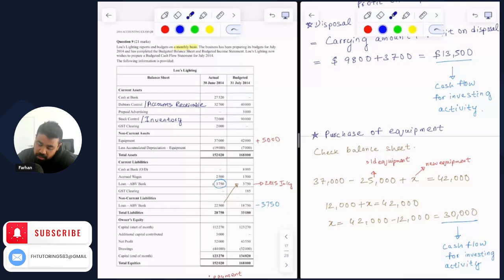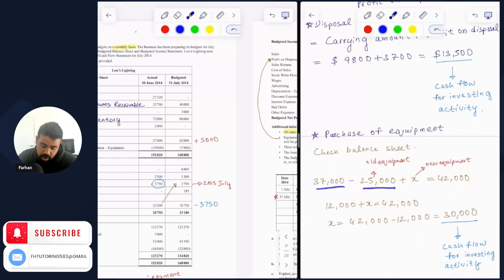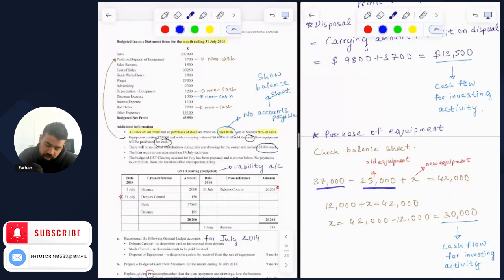So we know that to begin the month of July, we started with $37,000 worth of equipment at cost. Then we sold an old equipment which had an original cost of $25,000. The question clearly mentions in point number 2 that the old equipment had a cost of $25,000. When we dispose of the old equipment, we are getting rid of it, so we have to subtract it. That is why you see a minus here.